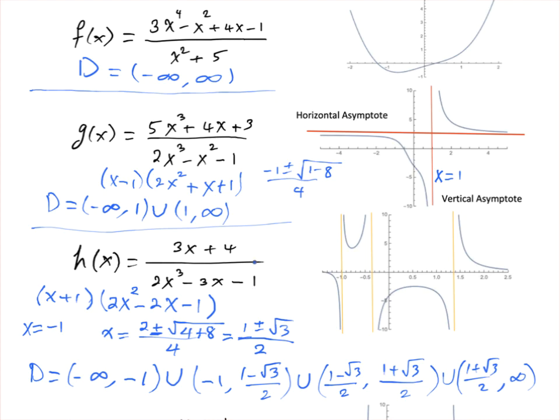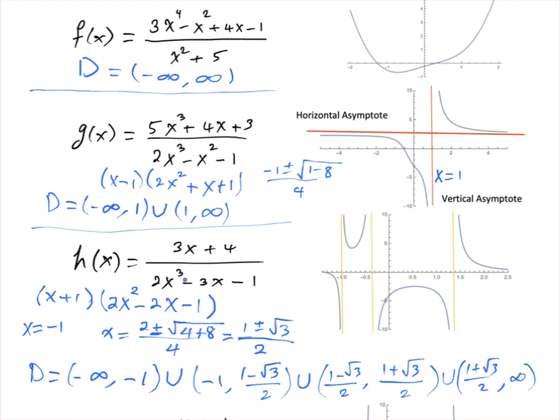Something to note here: the numerator is not 0 at the same time the denominator is. The denominator is 0 at these three numbers. Any of these three you put in, the numerator would not be 0. Otherwise, the factors, after you factor the numerator, have to cancel out.